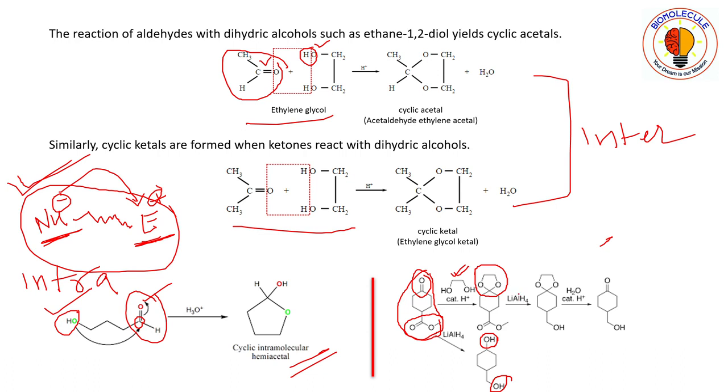Then on further reduction with lithium aluminum hydride, this will remain as it is, because lithium aluminum hydride does not react with cyclic ketals or acetals. But it will reduce this ester to primary alcohol. So we are selectively reducing the ester in the presence of a ketone.